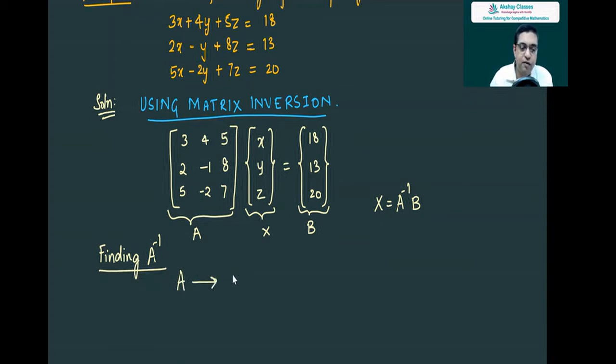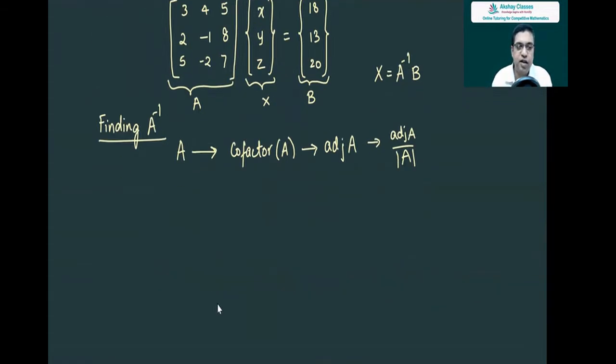From A, we find the cofactors of the elements of A. And from there, we find the adjoint, and also we find the determinant. Once you find the cofactors, we'll find the determinant, and adjoint A by determinant A will give us the inverse. So these are the steps involved.